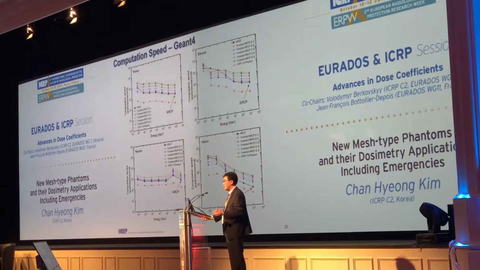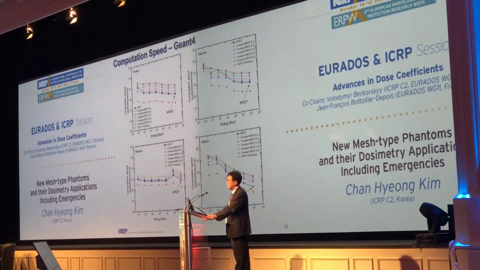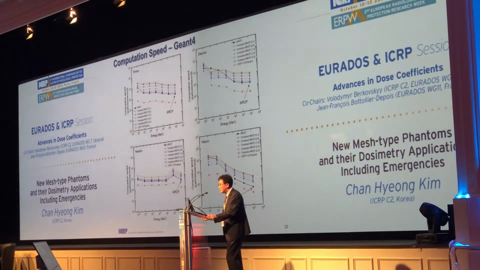The black solid line is the computation speed of the new mesh phantom. And the other broken lines are the computation speed of voxel phantoms. For photon, you can see the computation speed of mesh phantom is comparable to the blue line, and the blue line is the voxel phantom with 0.6 millimeter voxel resolution.